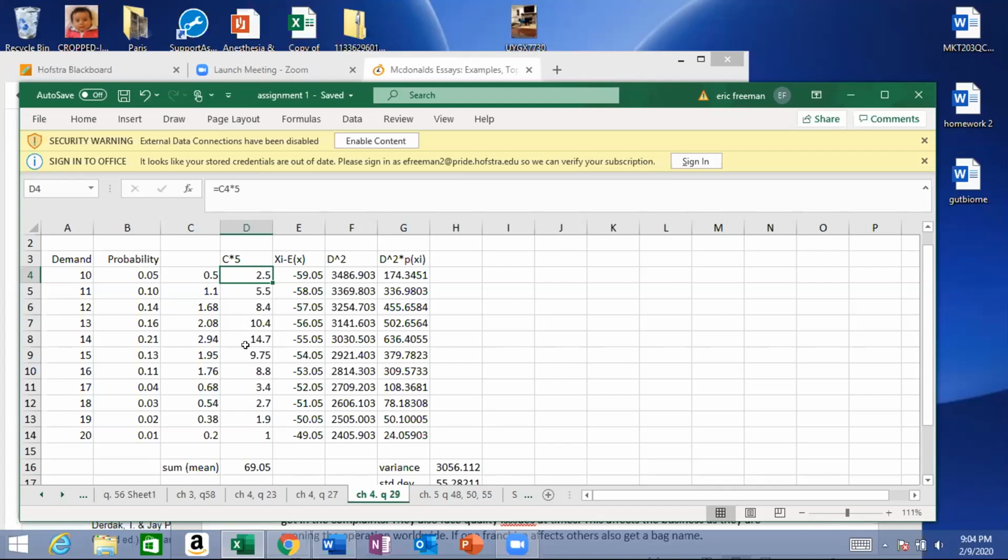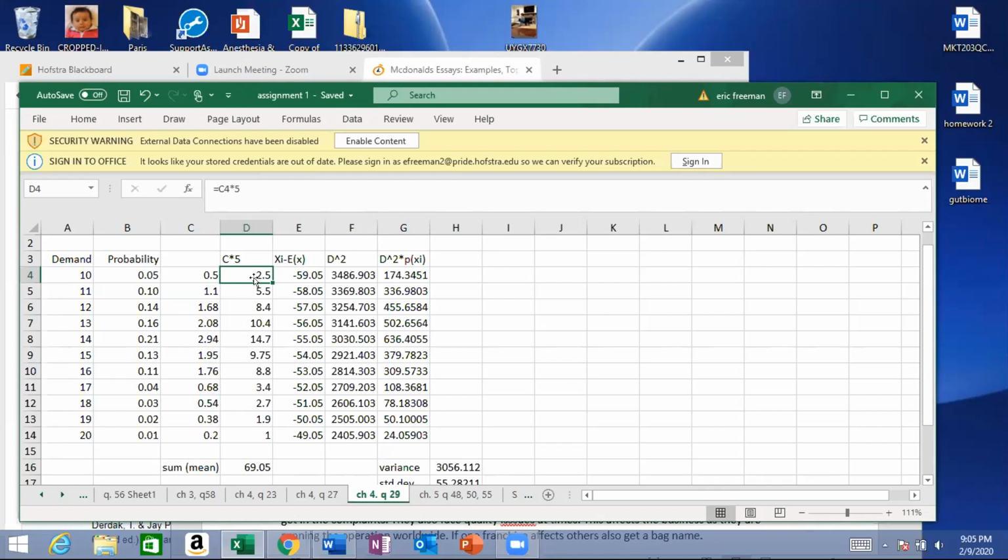If you do that one, you would get 50 times 0.05, which would be 2.5. It'll actually be the same thing. It might have been more intuitive if you had multiplied the demand by the $5, because if the demand was 10 and you multiply by $5, that would be 50, and then you multiply it by the probability and you'll still get the 2.5.